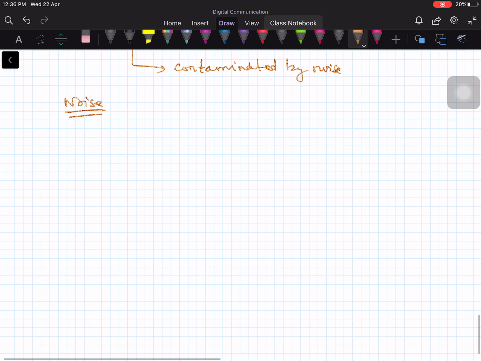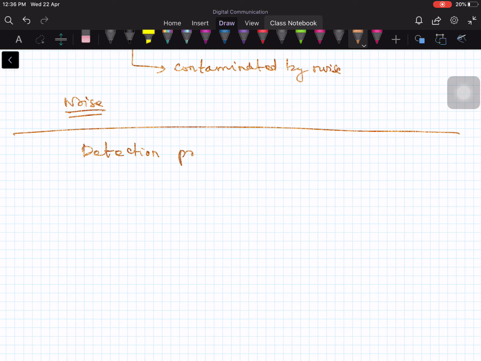Now let us enter into the detection problem. How can we model the detection problem? As I said, our immediate problem of interest is a relatively simpler one, because we have made so many assumptions, like 6-7 assumptions.